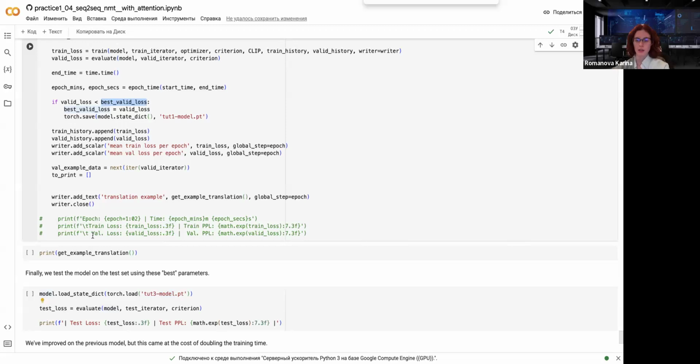And let's discuss how attention works. The attention mechanism computes a score for each hidden state of the encoder relative to the current hidden state of the decoder. This score indicates how important each word in the sentence is when generating the next word in the target sentence.